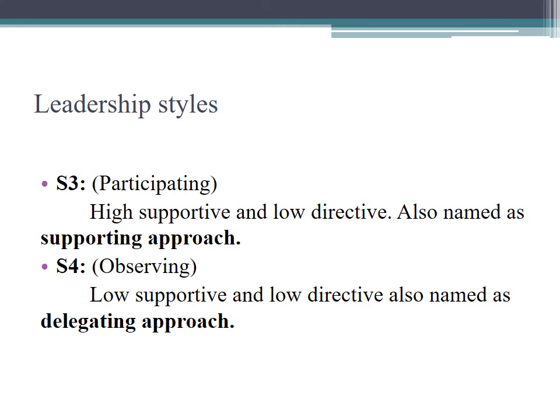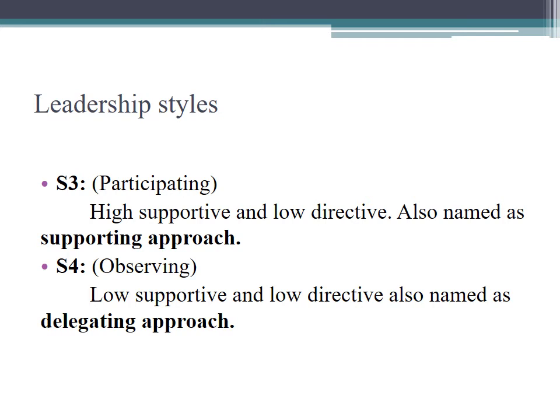In this style, high supportive and low directive, also named the supporting approach. In this approach, the support is high but the directions are low. In this approach, sharing in the process of decision making is conducted.